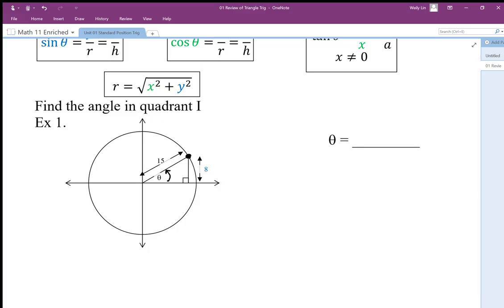Now to find out my angle from this ratio, well, this is when I need to use arcsine. Okay, so I know that my sine ratio, the sine of the angle that we don't know, is equal to the y position over the radius. And I'm going to color code this just to make sure that we can see that.